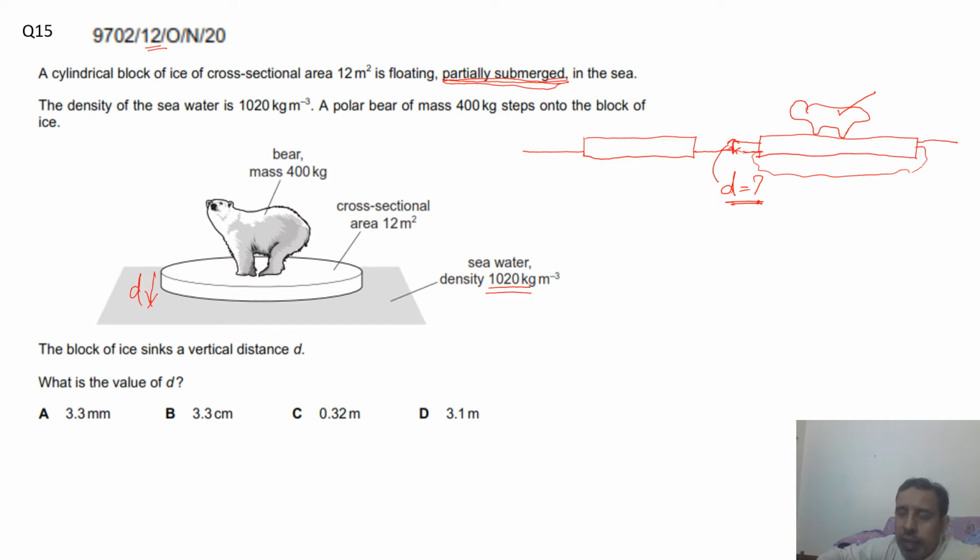Definitely water displaced. And how much water displaced, that is equal to the mass of the bear. So we can say that the mass of this bear is equal to the mass of water displaced.